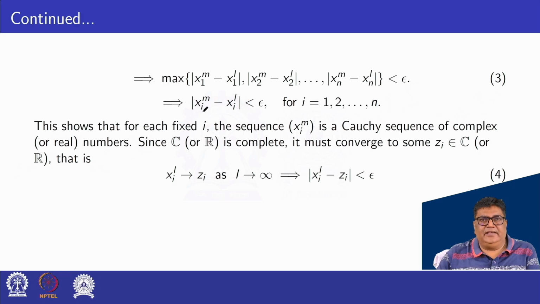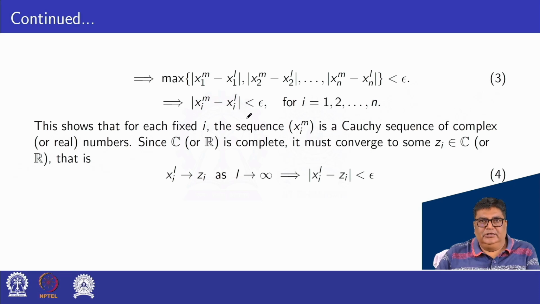Since xmi and xli are scalars, then this inequality shows that it is a Cauchy sequence in C or R, for fixed i. So it must converge to some zi.